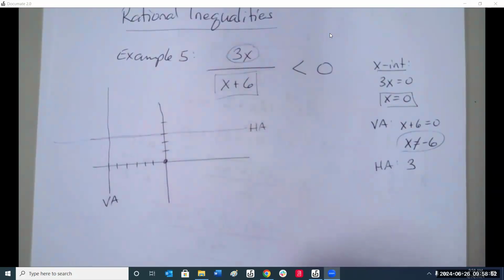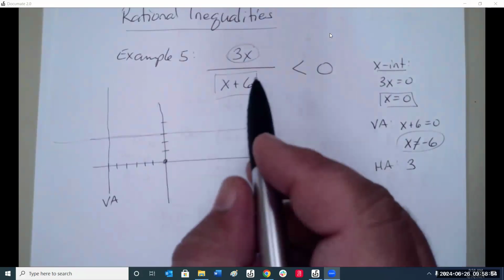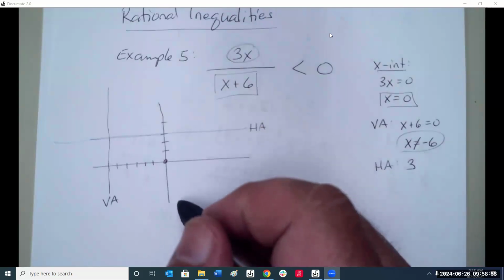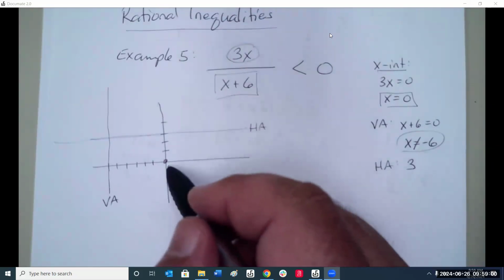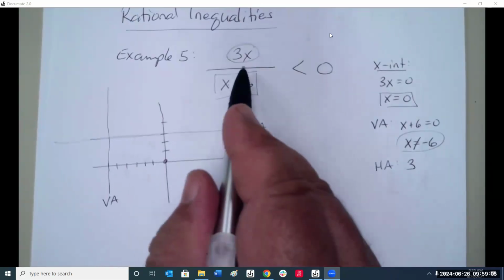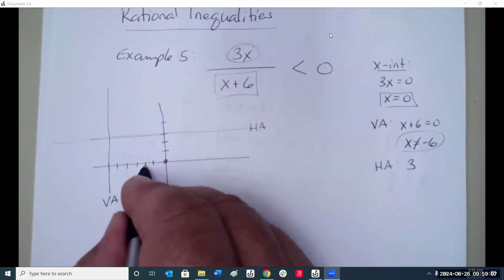It's a negative answer. If I put +2 in there, 6/8. I put 0 in there, I get 0. I'll put -8 in there. What do I get? -6/4.